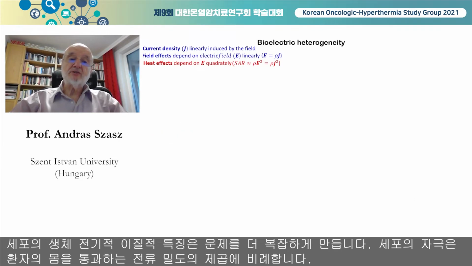The bioelectric heterogeneity is even more affecting. We have a current density through the body, and the excitation depends linearly on the current density, while the heat effect, the Joule heat, depends on the square of the current density.